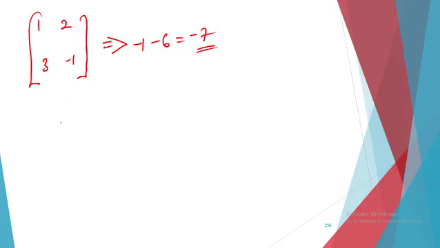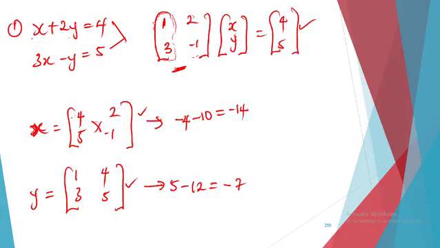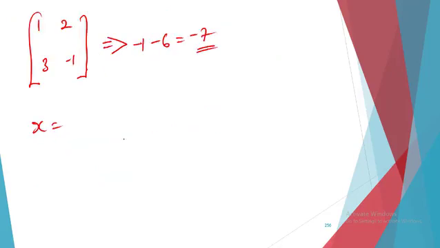So our x is equal to the value of the determinant of the new matrix divided by the value of the determinant of the original matrix. So x is equal to minus 14 over minus 7, and that will give us 2.